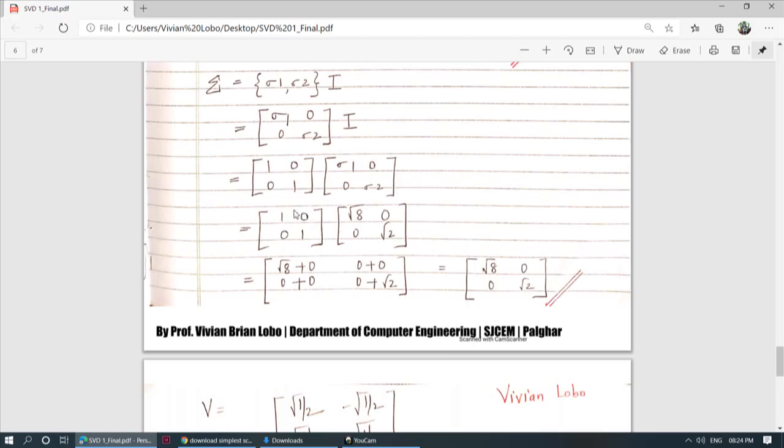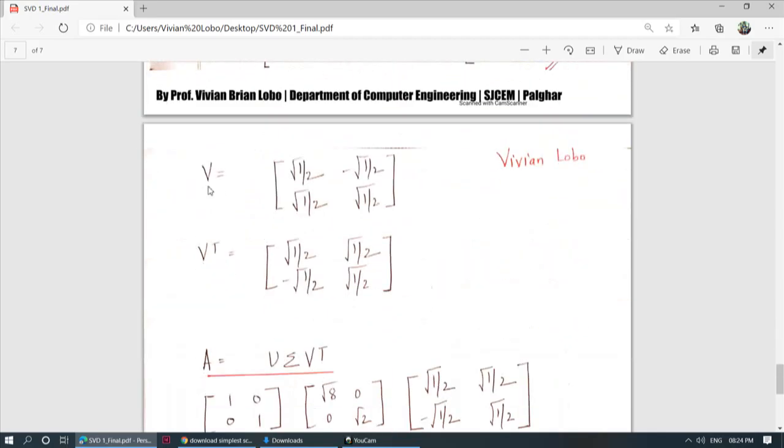This is your identity matrix. Sigma 1 and sigma 2 are nothing but the singular values that were obtained from the eigenvalues: square root of 8 and square root of 2. Performing matrix multiplication gives us the value of summation.